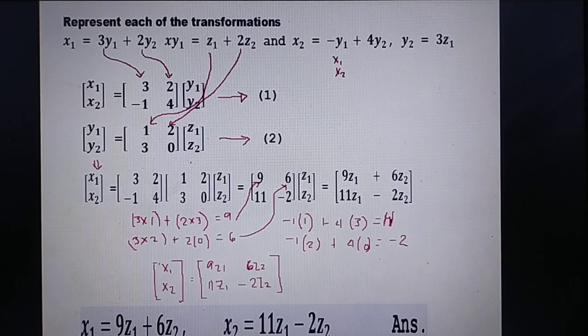So the value of x1 is the value of row 1. And the value of x2 is the value of row 2. So here, and that is the answer.